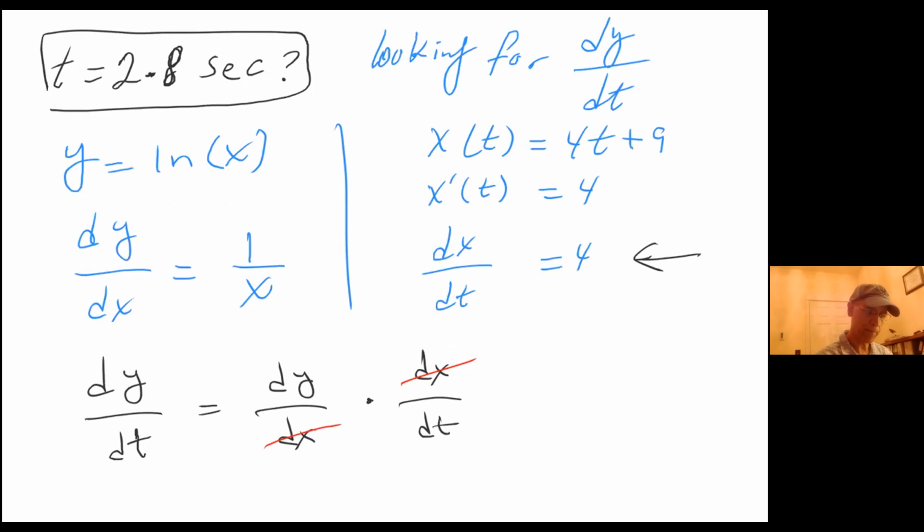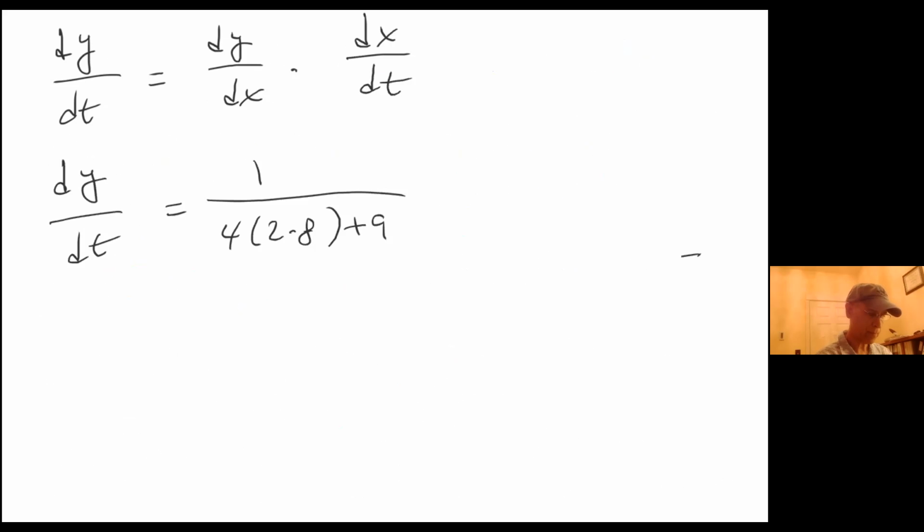So 1 over that times dx dt, and dx dt we just figured out to be just 4, and plugging that in the calculator, we are getting approximately 0.19801980.